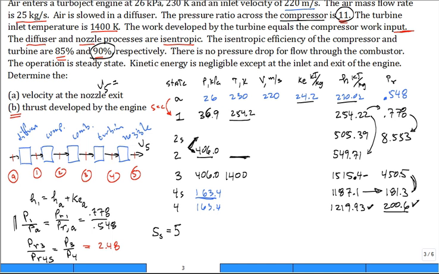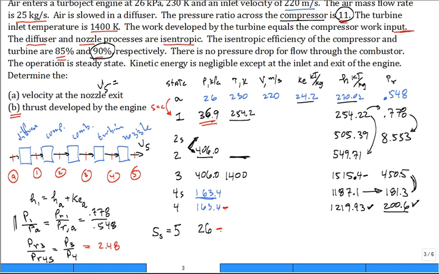Okay, how am I going to use that? So P5 is back all the way to 26 kilopascal. A student may think that it's back to 36.9 kilopascal, but it's not. It's back to the ambient outside pressure where that engine is, which is 26 kilopascal. So knowing that actual pressure at 5 and this PR here, we can get PR at 5, because you've got to go from this pressure to that pressure.